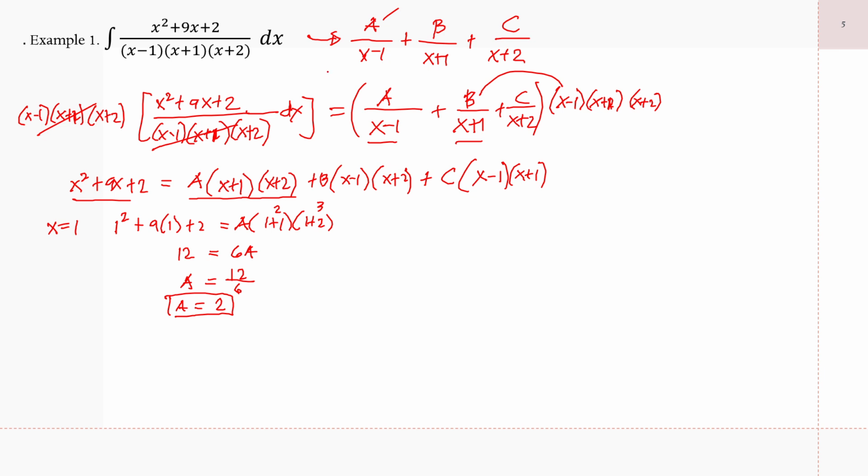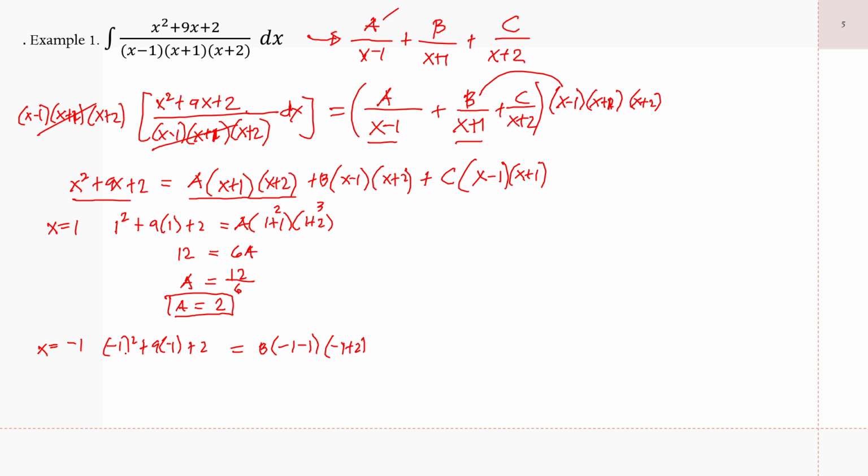Now that we have the value for A, let's move to B. X is equal to negative 1. So negative 1 squared plus 9 times negative 1 plus 2 is equal to B times (negative 1 minus 1)(negative 1 plus 2).